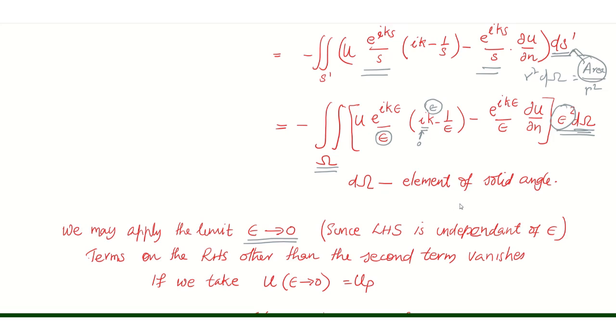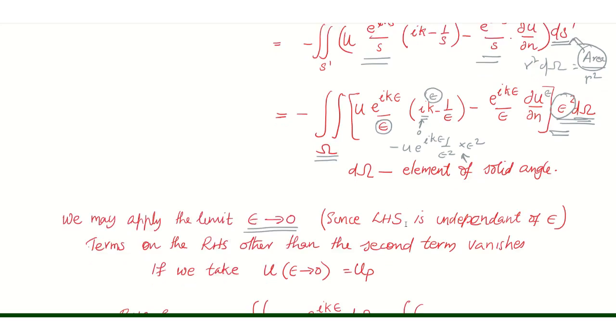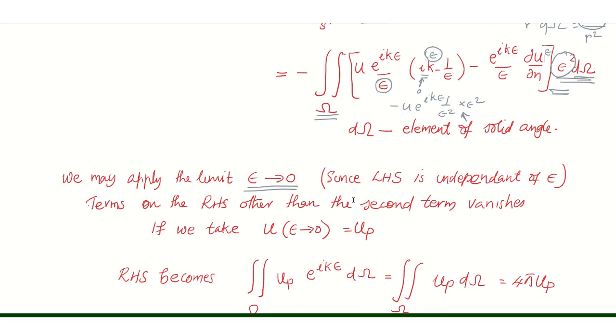But here the second term, u e to the power ik epsilon, the second term is minus 1 by epsilon square times epsilon square from here, that will be again independent of epsilon, that remains. And here again we have an epsilon on the numerator, and therefore when you apply the limit as epsilon tends to 0, the terms on the RHS other than the second term vanish.